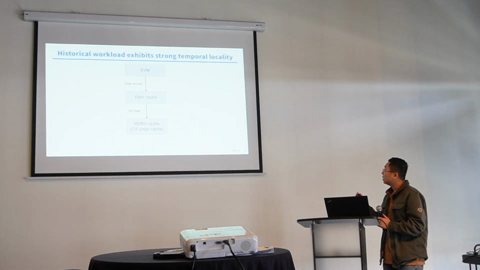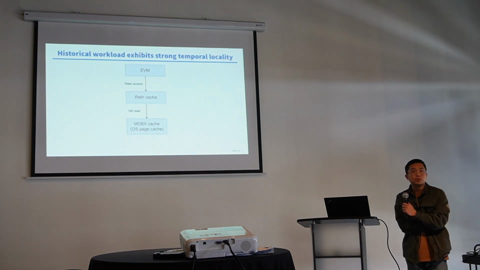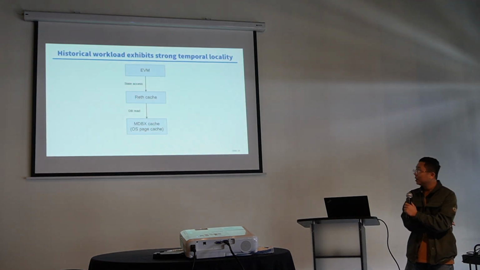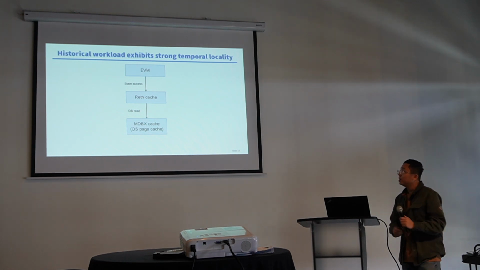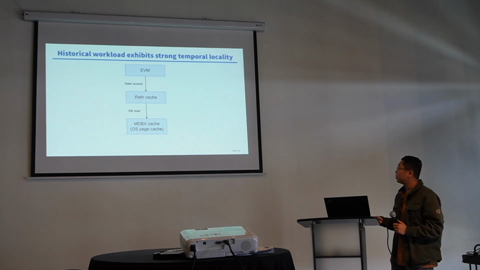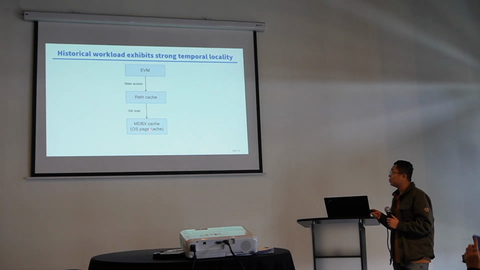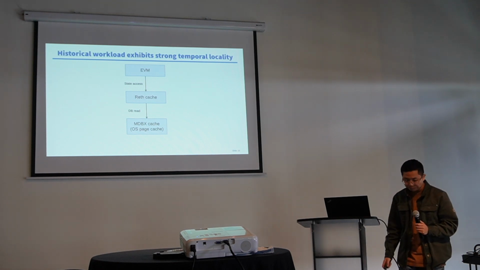So it turns out this is because today's Ethereum workload has very strong temporal locality, meaning that data that are accessed recently are very likely to be accessed again in the future. So this figure shows a 2-level cache architecture currently employed by Reth. So when the EVM tries to access some data, it first looks into Reth's own cache.